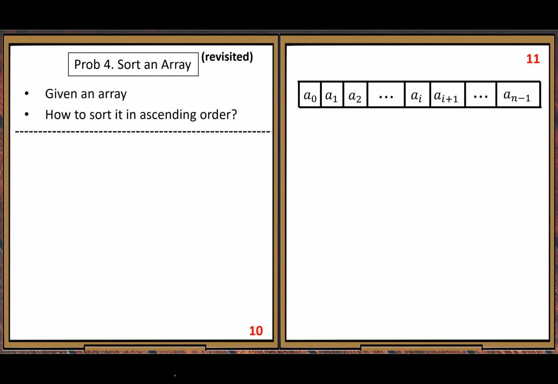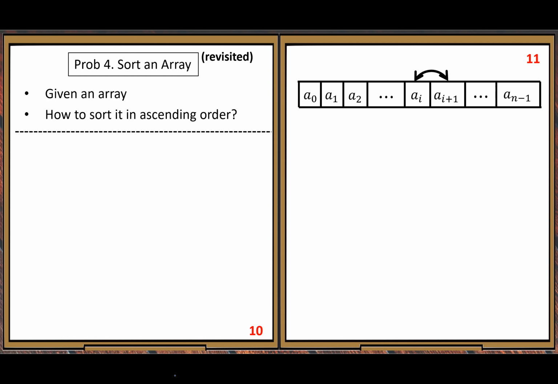That tells us we need to study the order relationship among different elements. That's our new view. Although our new view is related to our old view, we like to understand it in a different way.